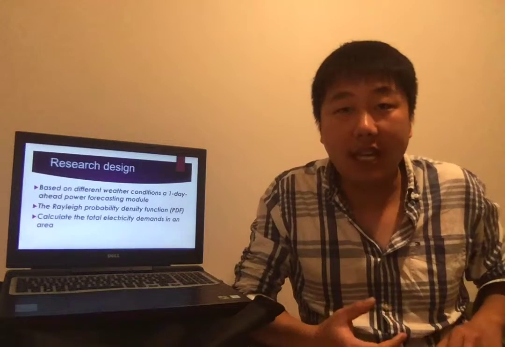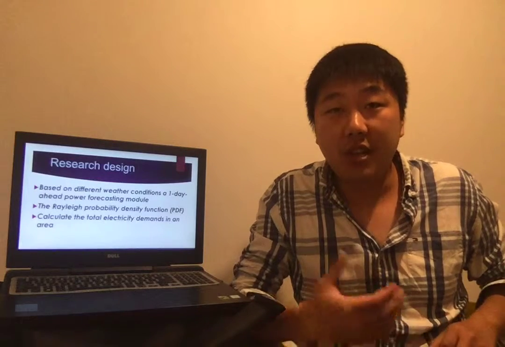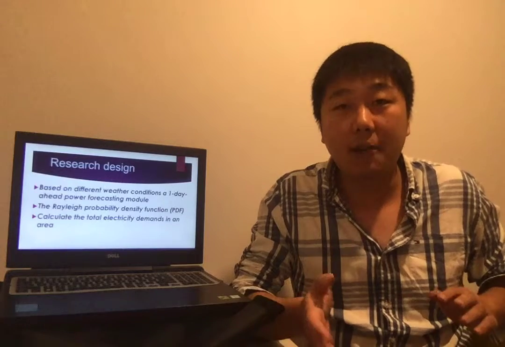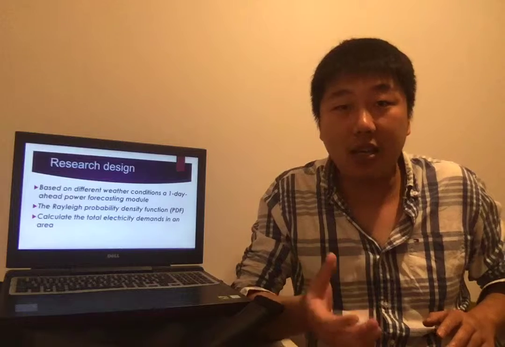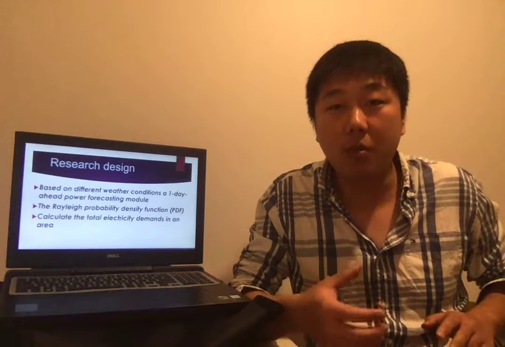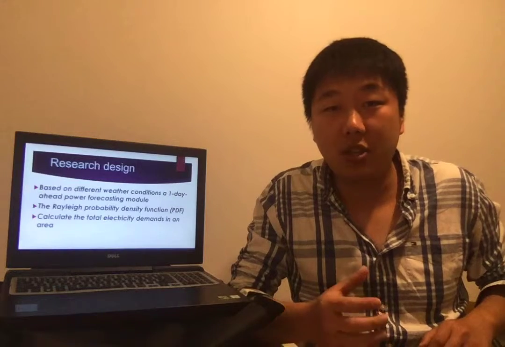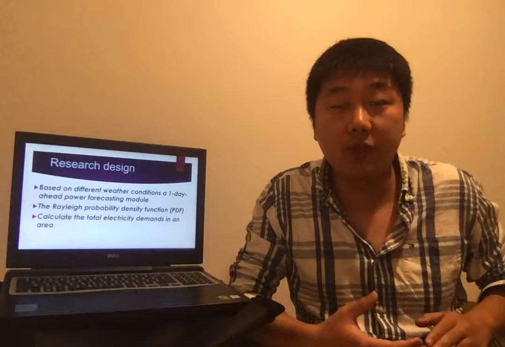Many samples are the key to ensure the accuracy of the data. The next step is comparing the values PD and PI. If PI is greater than PD, this indicates that the forecasting power supported by renewable resources can meet the electricity demands in this area.